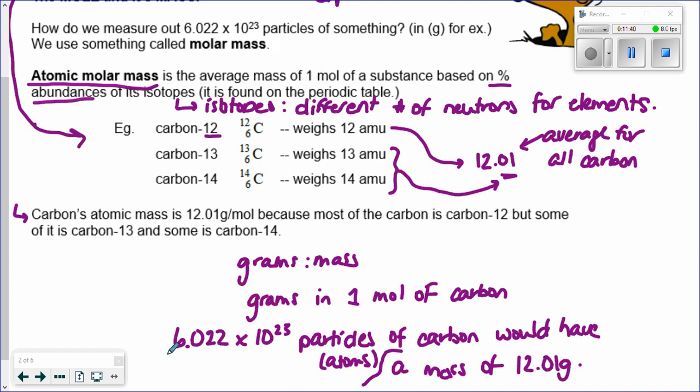So again, this is 1 mole, 6.022 times 10 to the power of 23. So 1 mole of carbon would have a mass of 12.01 grams.